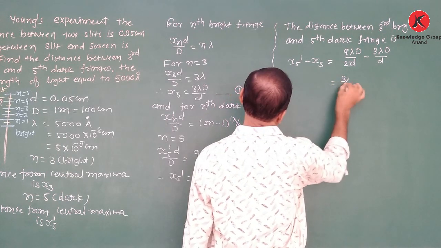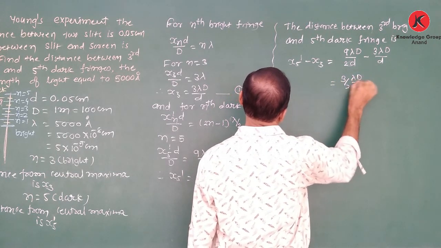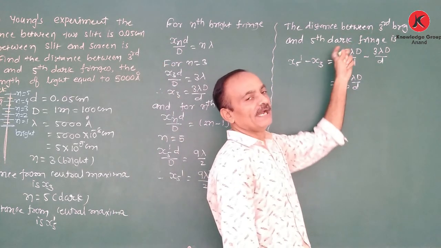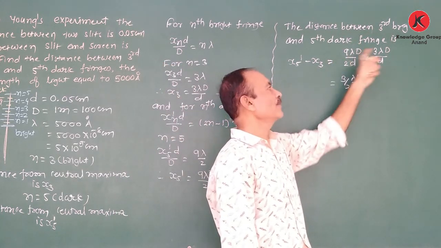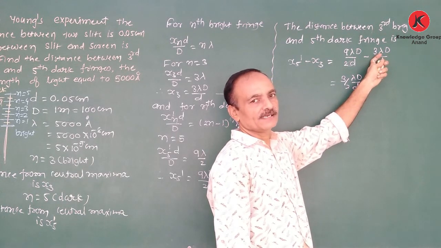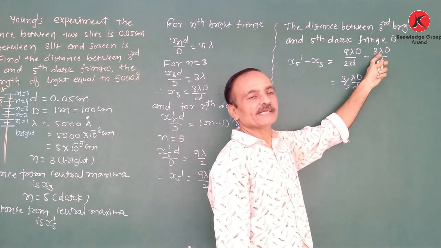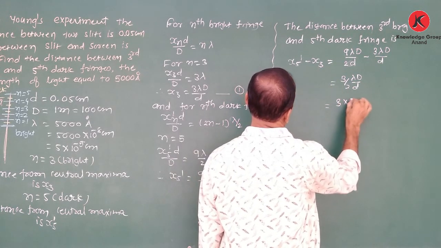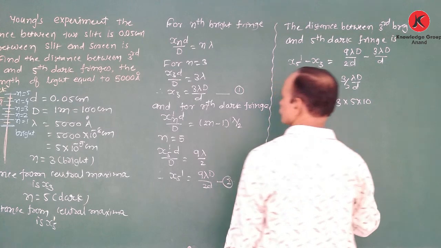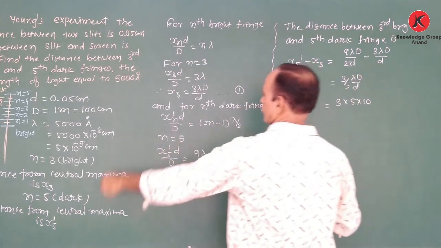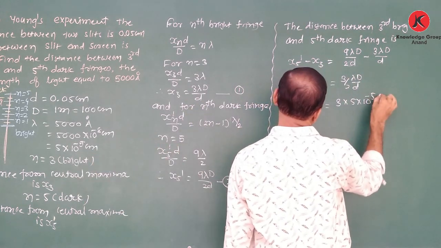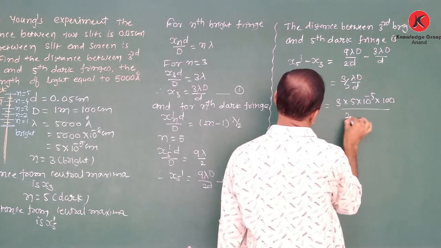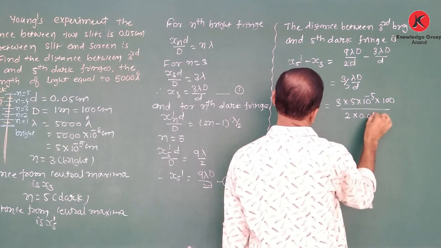Therefore, 3 by 2 lambda D upon d. Therefore, 3 into 5 into 10⁻⁵ into 100 upon 2 into 0.05.